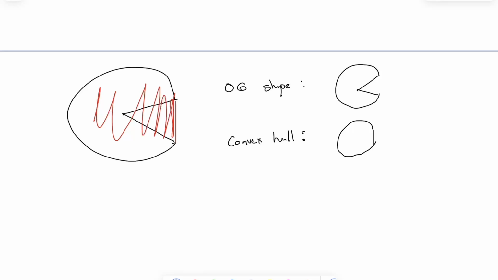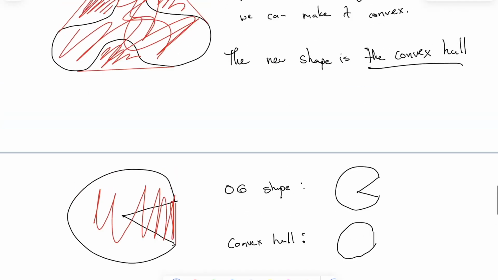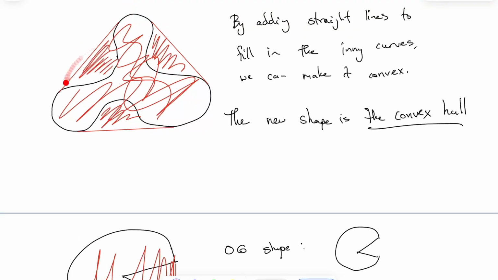If you know what's up, these are very easy to do. Your job is just, for each shape, to draw the convex hull. Everybody get one? You should be adding straight lines, kind of like this.